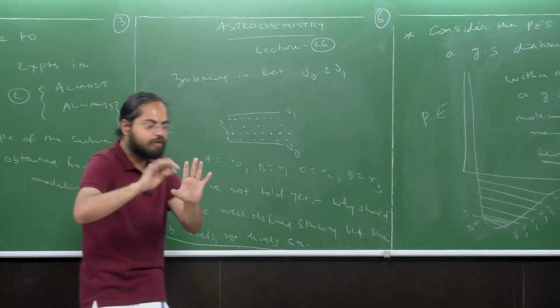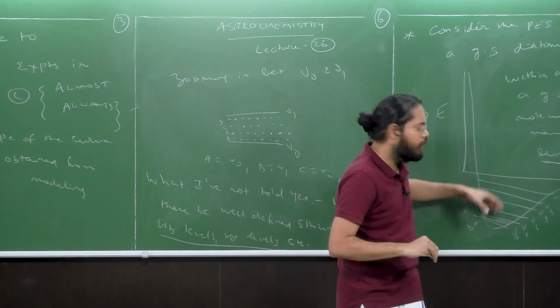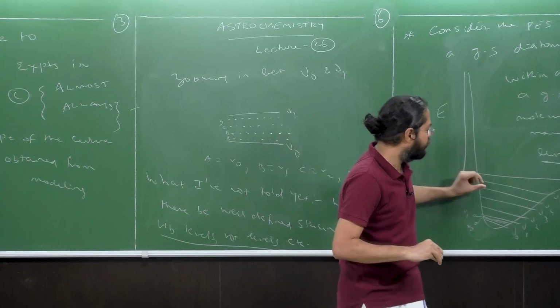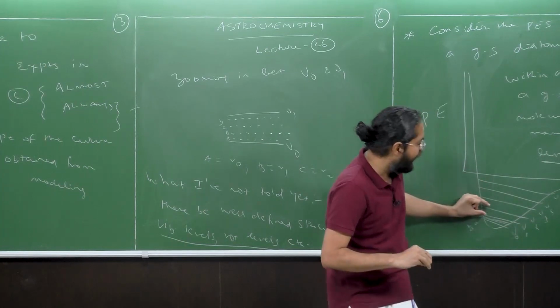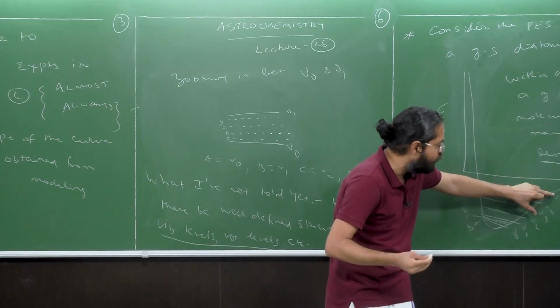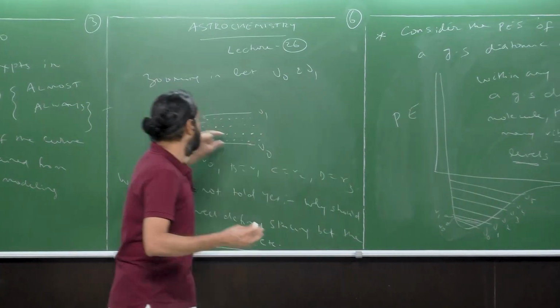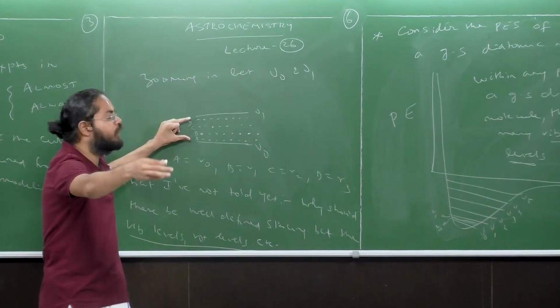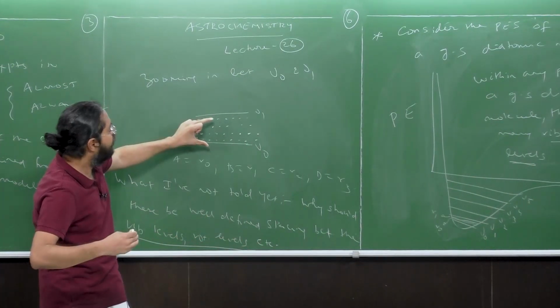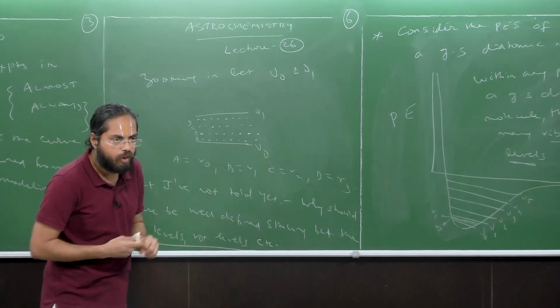I haven't yet answered this question at all. I have simply told you that there are going to be multiple vibrational states which are going to be spaced, and between any vibrational states there are going to be rotational states. Of course, there are going to be rotational states between nu4 and nu5, nu3 and nu4, nu2 and nu3 also. Just for the sake of simplicity, I have just indicated the rotational states between nu0 and nu1. Okay, all right.